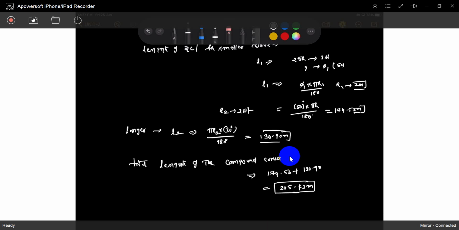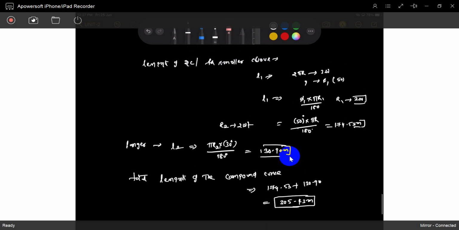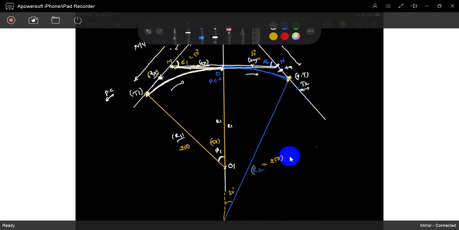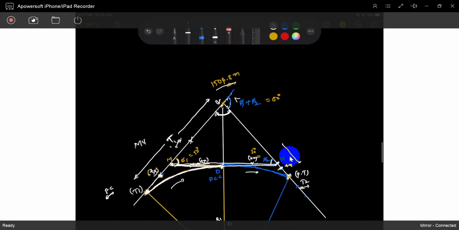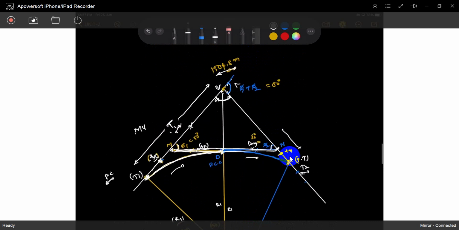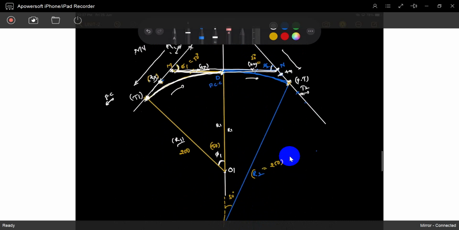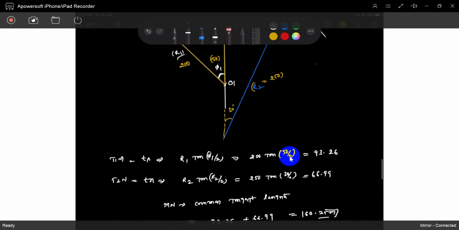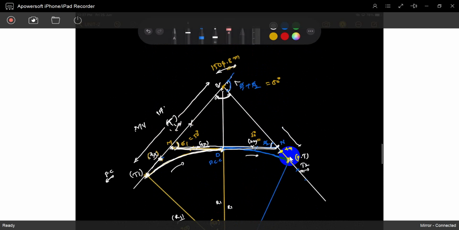Understood? First we have to find out the chainage points. So what is the chainage of T1? It is 1504.8. What is the length of T1? The total length of the smaller side is 174.62.